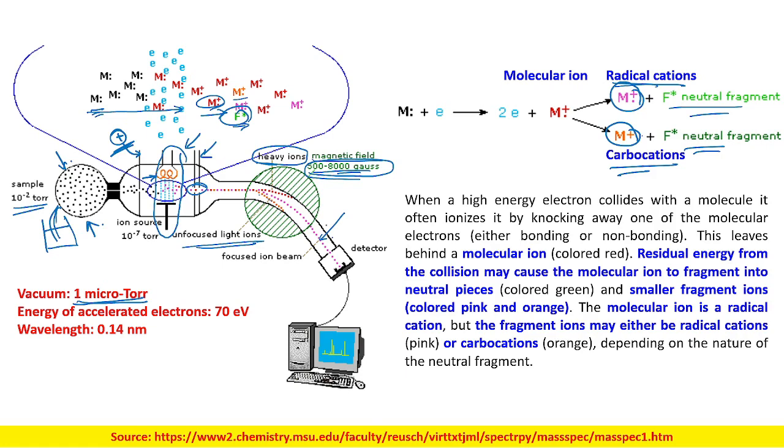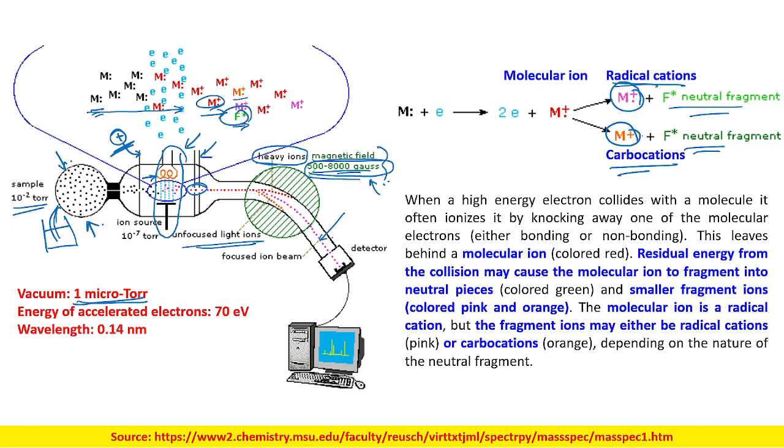So what we have to do is change this magnetic field such that the cations gain entry to the detector. By playing with this magnetic field, we are basically playing with the radius, which is directly proportional to the mass of the cations.